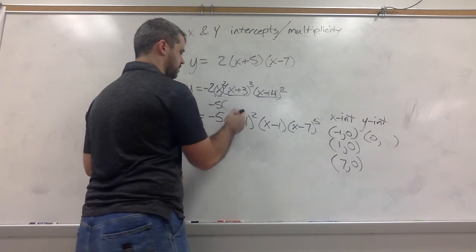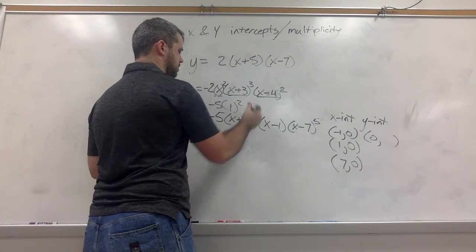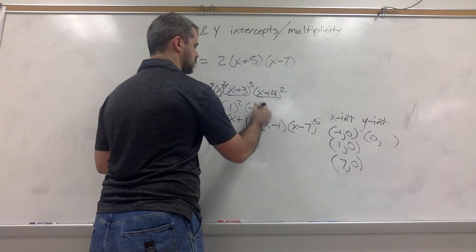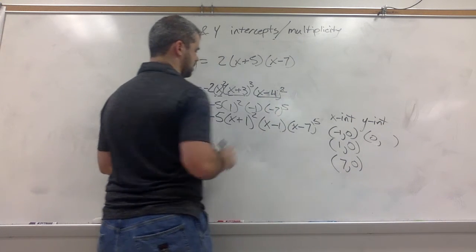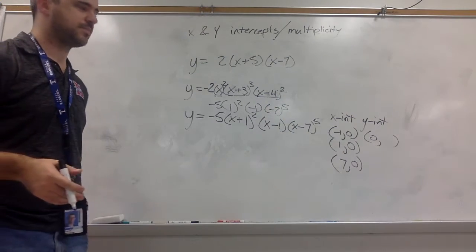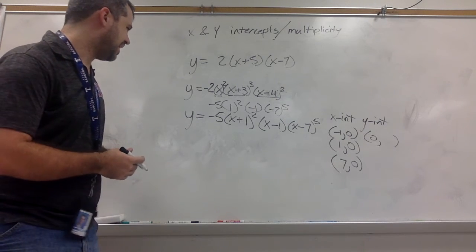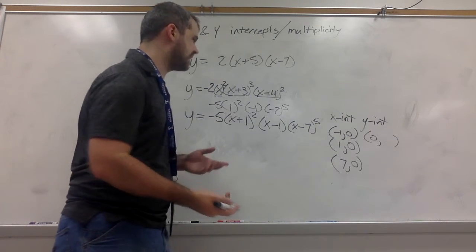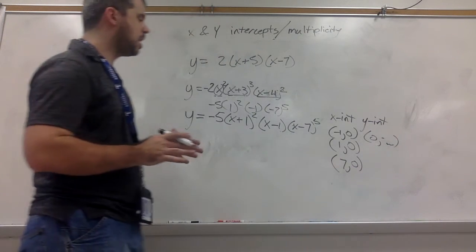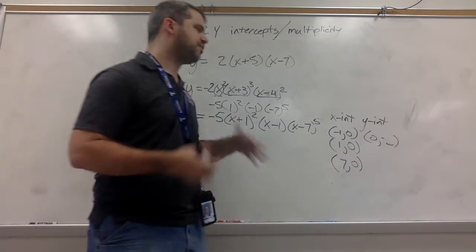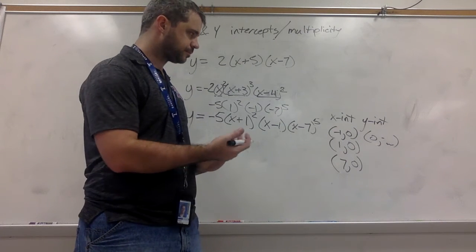So -5, 1 squared, -1, -7 to the 5th. We get something rather large, or in this case, something really low negative. I'll calculate that later. But that's how you would find your y-intercept.